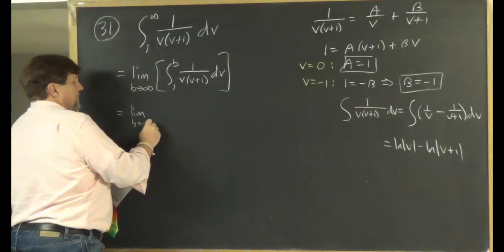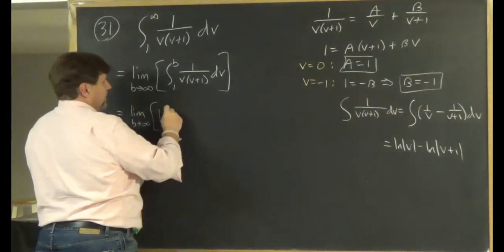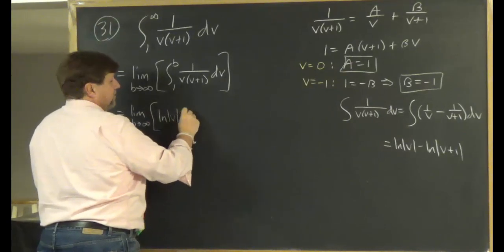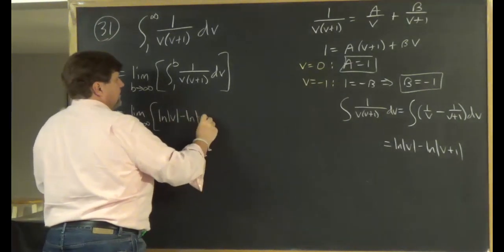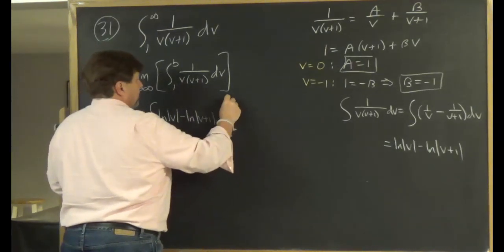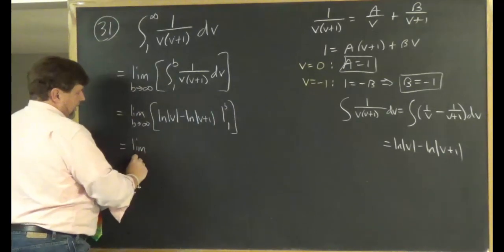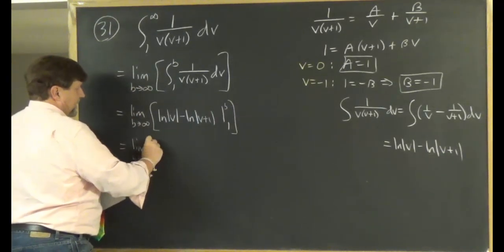So let me bring the antiderivative back over here. It's the natural log absolute value of v minus natural log absolute value of v plus 1. We're going to evaluate that from 1 to b. So the limit as b goes to infinity.